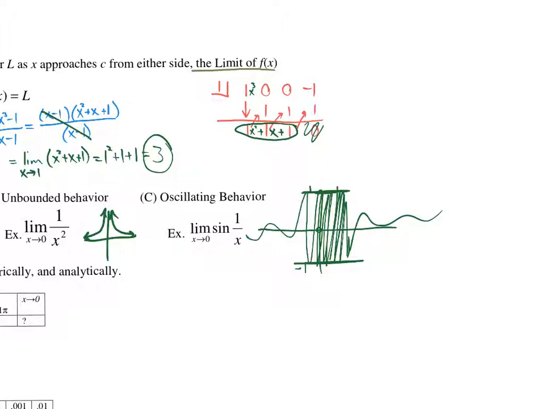Sine of... okay, just so you guys can see a little better picture of this. Okay, that's what it looks like kind of zoomed out. If I zoom in, okay, here guys, you can see this.